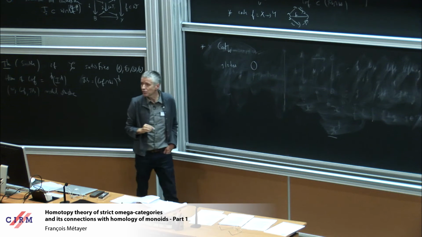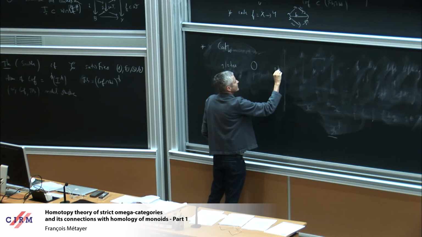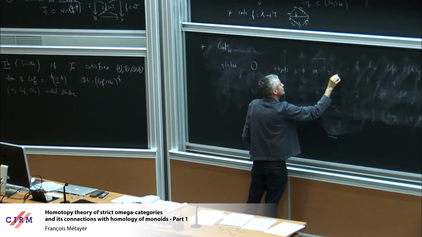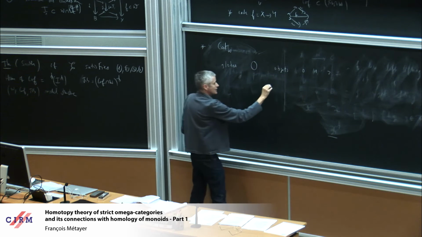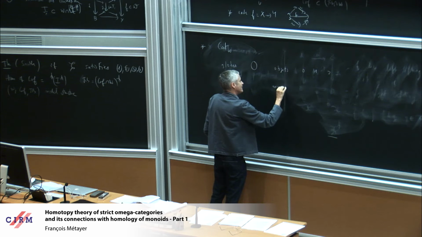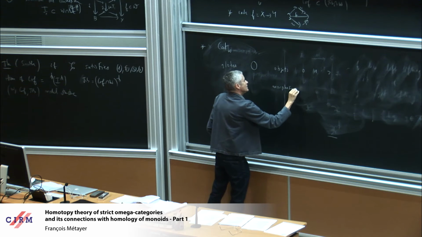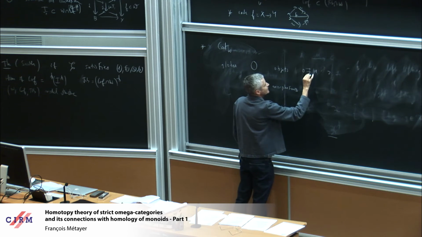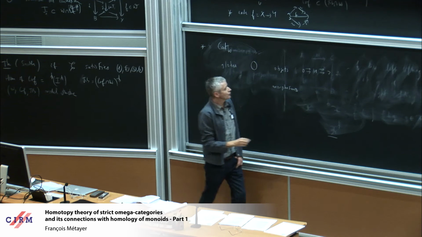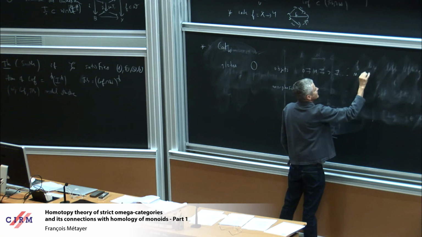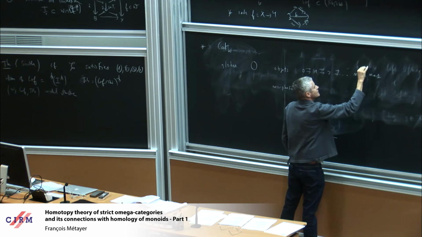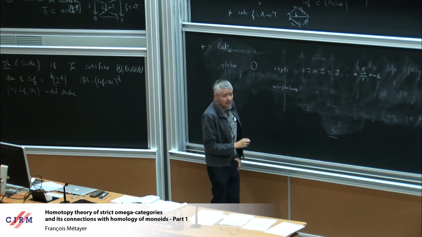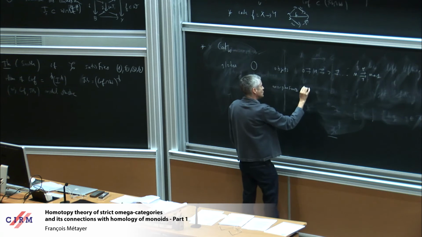It's category O. Its objects are integers, 0, 1, 2, and its morphisms are generated by pairs of morphisms, call them sigma and tau, subject to the following conditions.